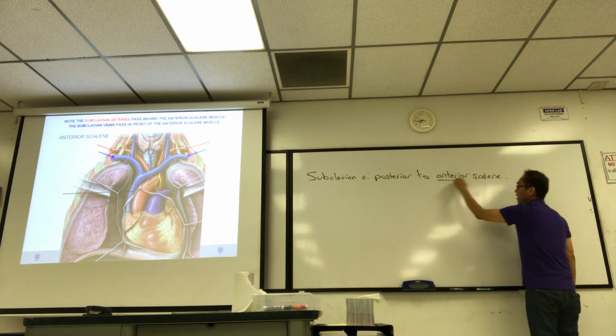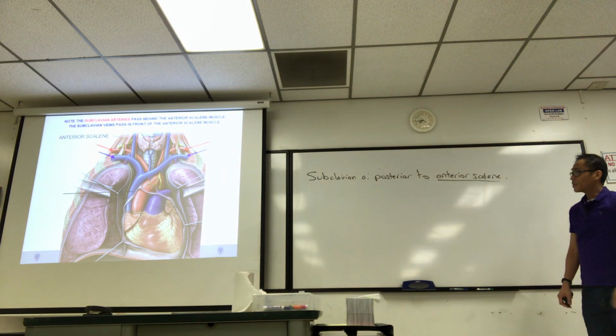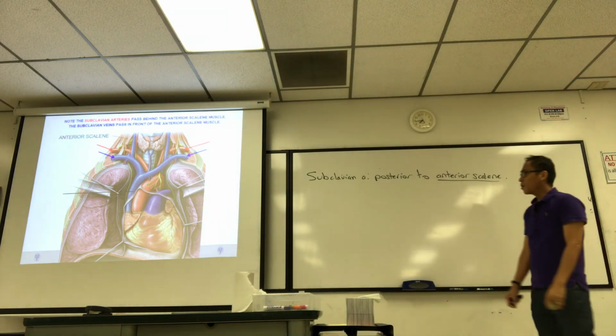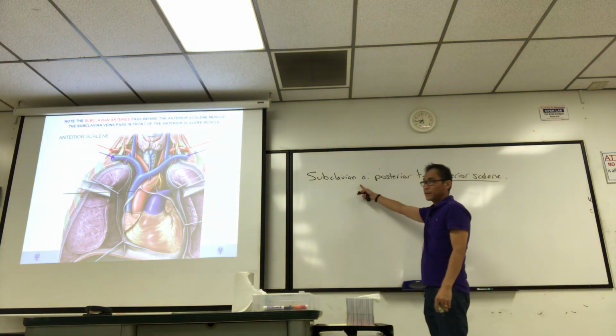So the anterior scalene is a muscle, and it's a landmark muscle. It's a neck muscle, but I want you to know it because this artery is behind it.